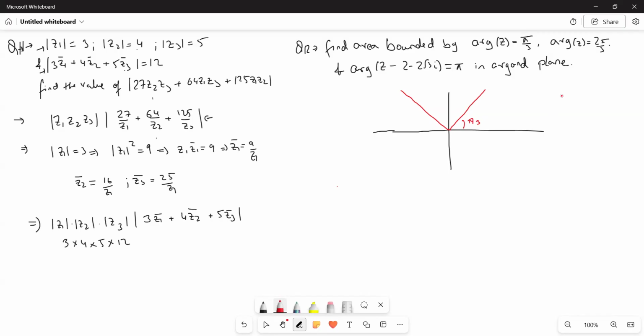What's the argument of this? Where will it be located? So it would be a point on this line, 2 comma 2 root 3, at a distance of 2, and argument of z minus this is equal to pi will imply कि ये line जा रहा है ऐसे.